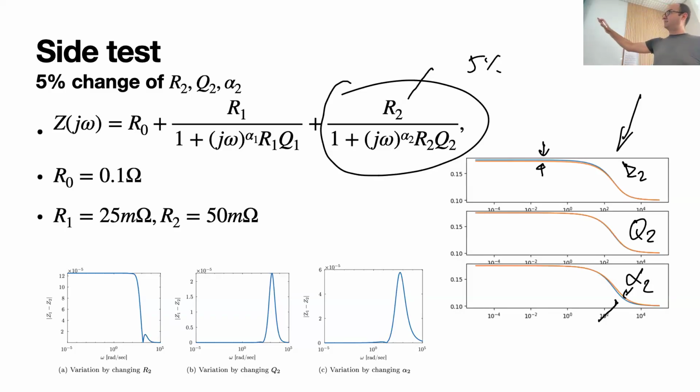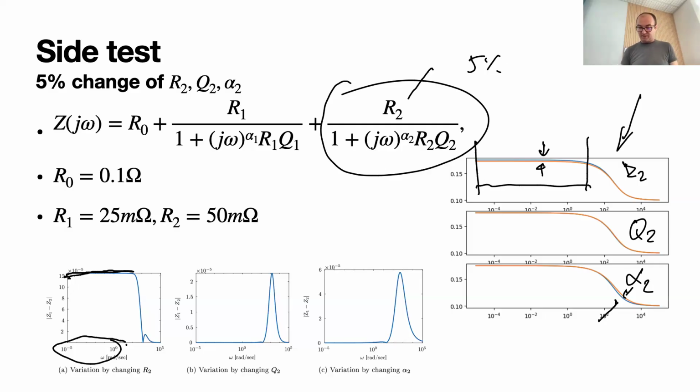But if I take these values and plug them through a Kolmogorov-Smirnov test, this is what I'm getting. These are the intervals where I can safely say that the impedance changed, which is right here where the changes are visible.